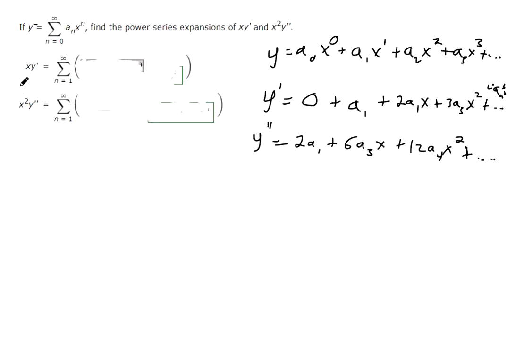So we're supposed to create a power series for this, which just means you're multiplying x to everything. So x times y prime. This is what our y prime is. This is at least part of what y prime is, and it's enough so that we can find a pattern by looking at this.